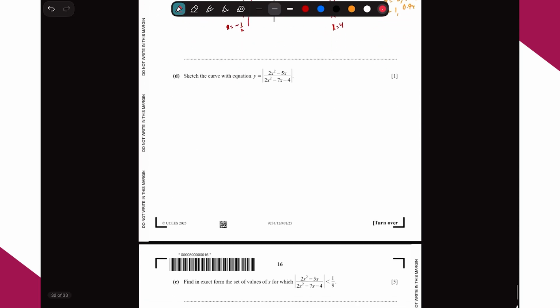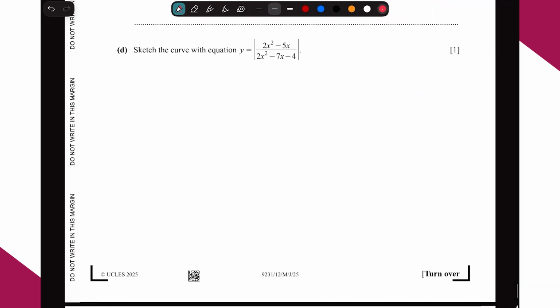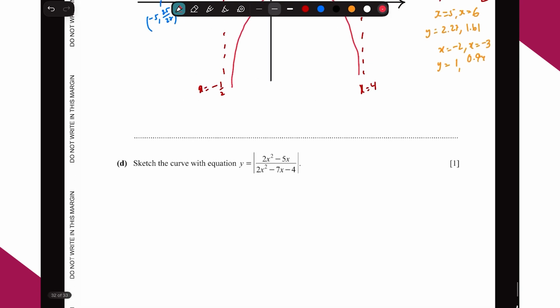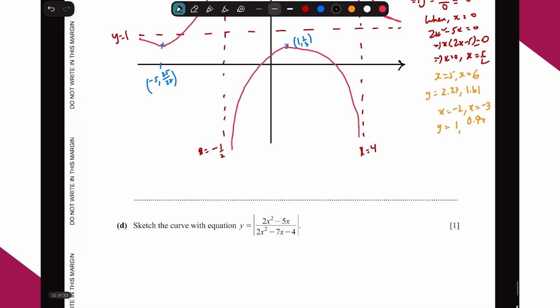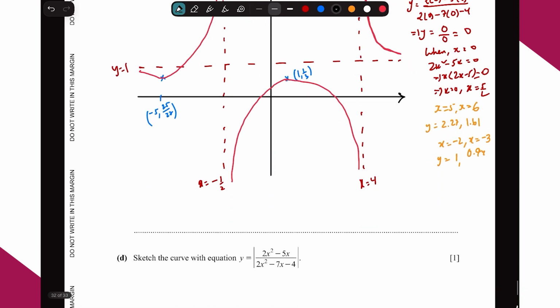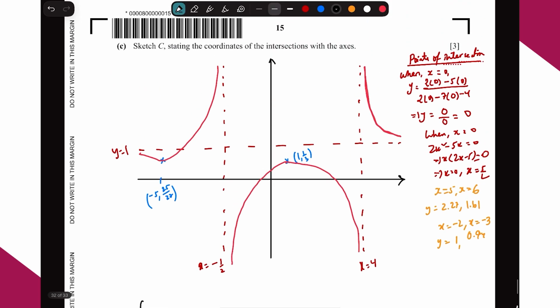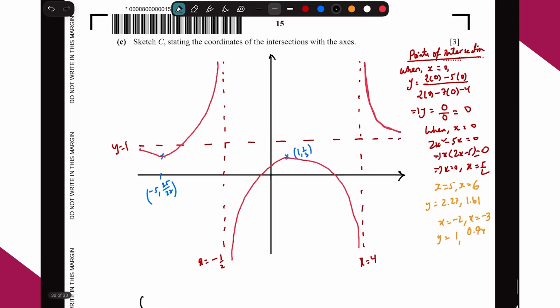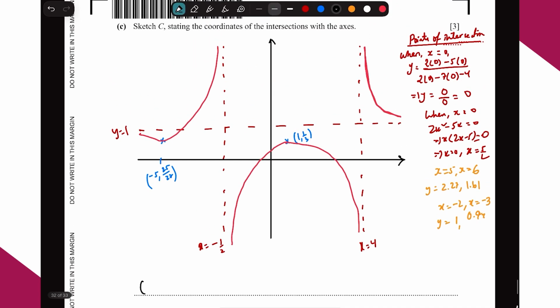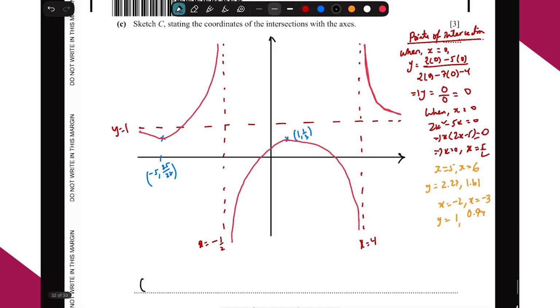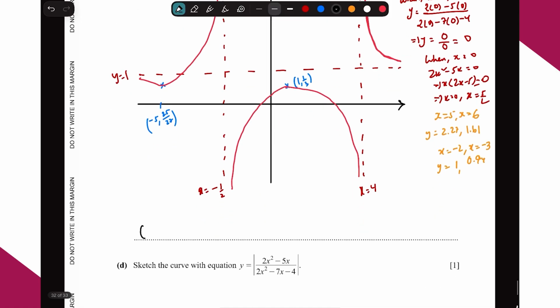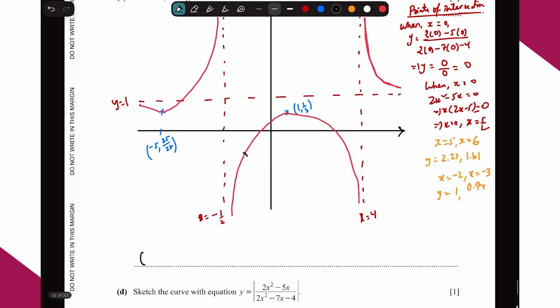Now, the following question for a single mark is the same old graph, just in an absolute value. And we forgot to put the points of intersection. The points of intersection that we just found were x is 0 and y is 0. Oops, I did make a mistake.